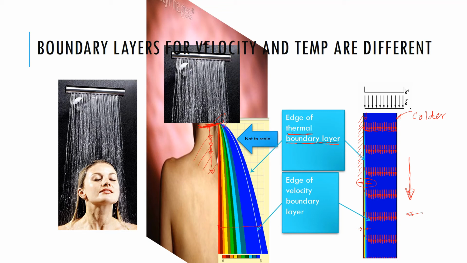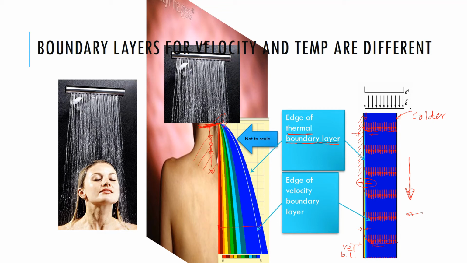So the velocity boundary layer would be given by this part. If you go further here, then the velocity changes this way, and this is where it stops changing. So then this is my velocity boundary layer.